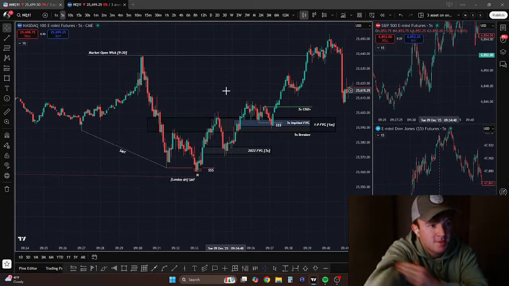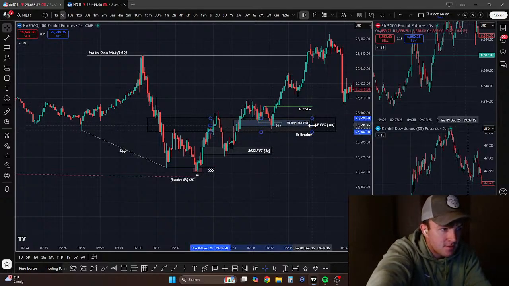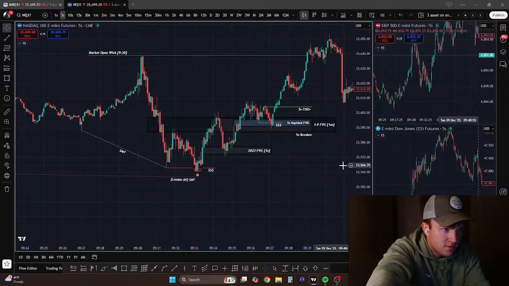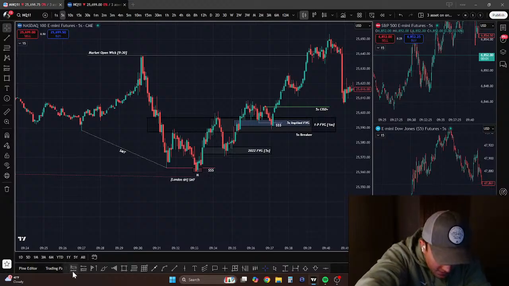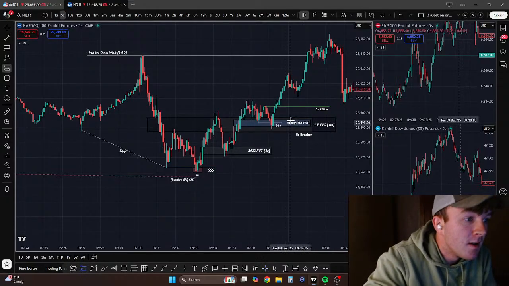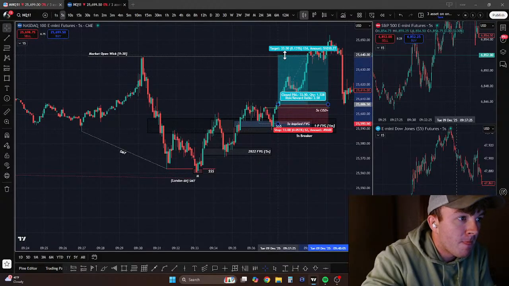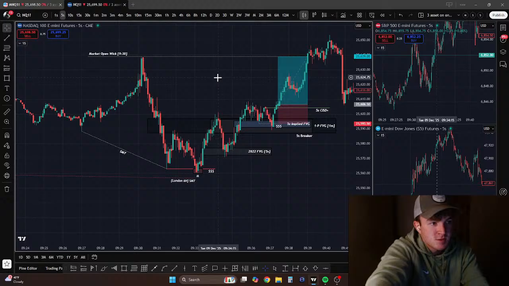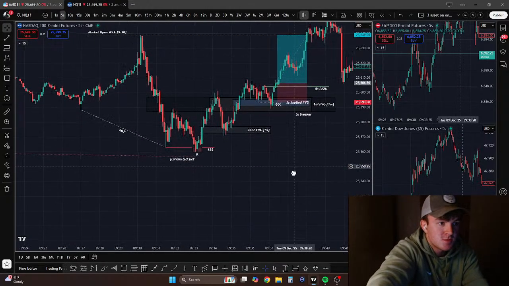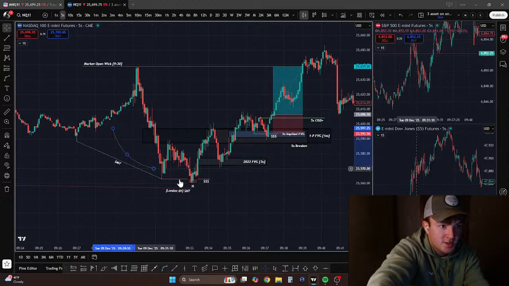It's not a data wick, but market open wicks kind of act the same as data wicks. So I'd enter on the close. What a beautiful trade. Could you imagine taking this?